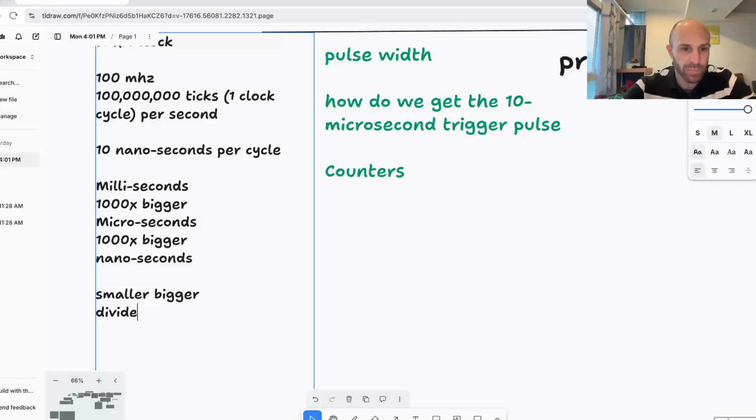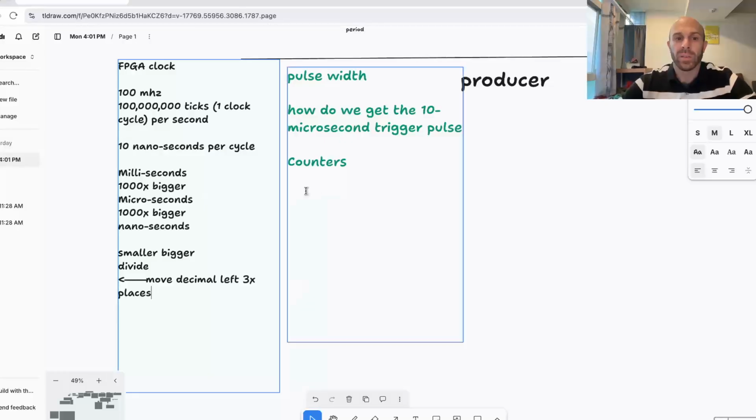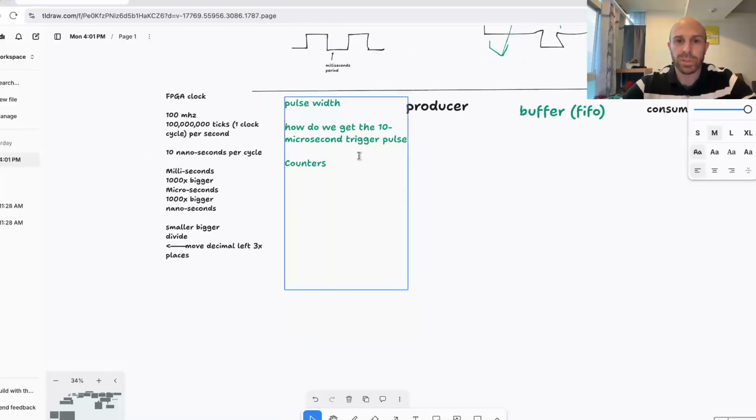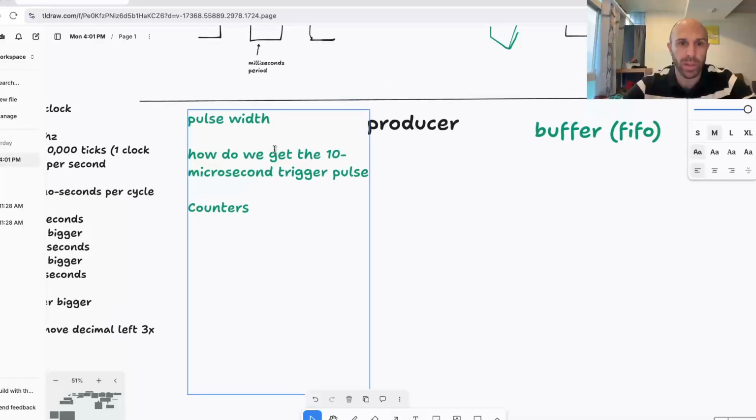Divide: move the decimal place left, three times. So that's how you implement the counters, and that will give us our pulse width.